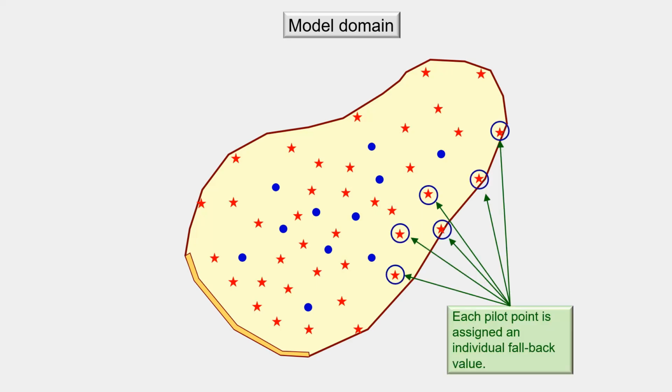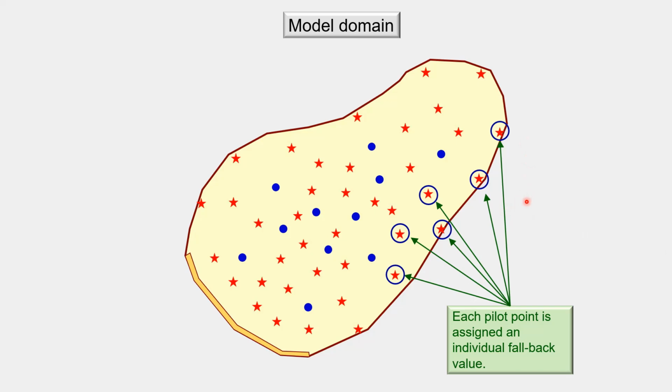And for each one of these pilot points, I assign one prior information equation, which gives a preferred value for that pilot point. So each pilot point has its own individual fallback position. Now, that means that I only introduce one equation for each one of these pilot points.